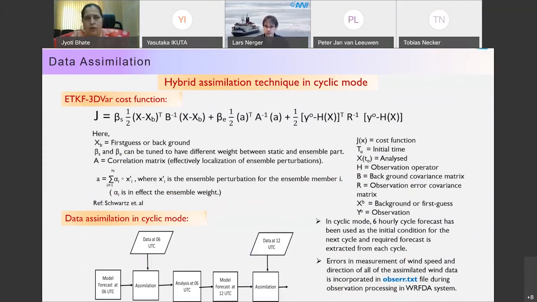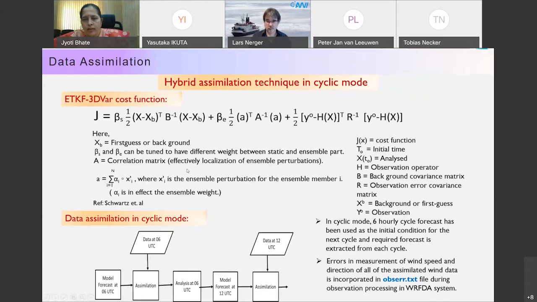This is the cost function, and the highlight of the ETKF-3DVar method is that it gives weightage to the static background as well as the ensemble-generated background error. Here we have given more weightage to the ensemble-generated background error, that is 75%, compared to the static background error.